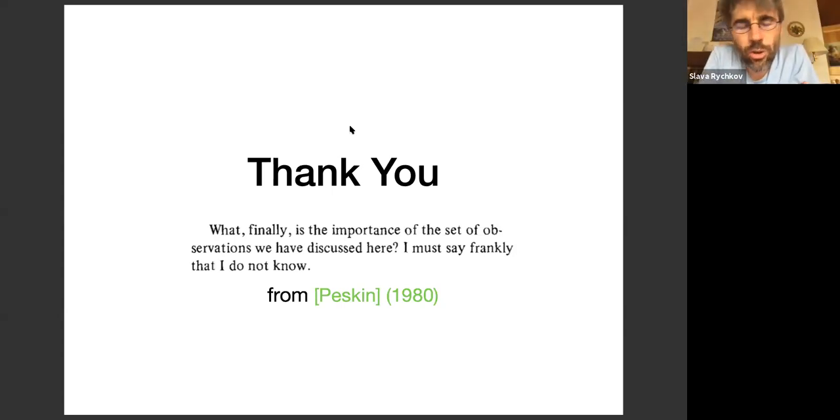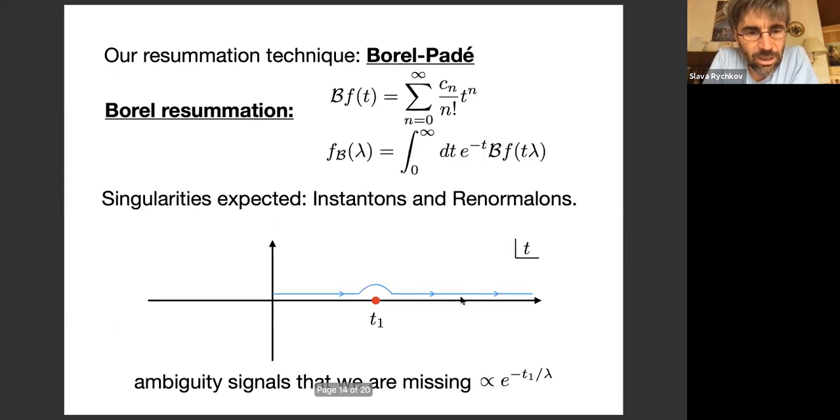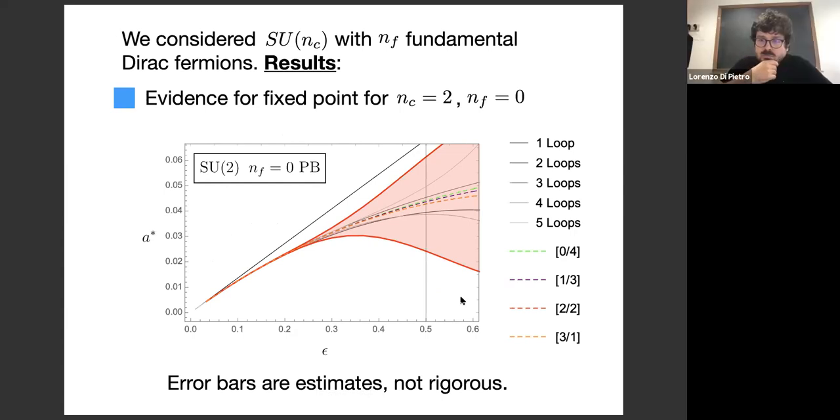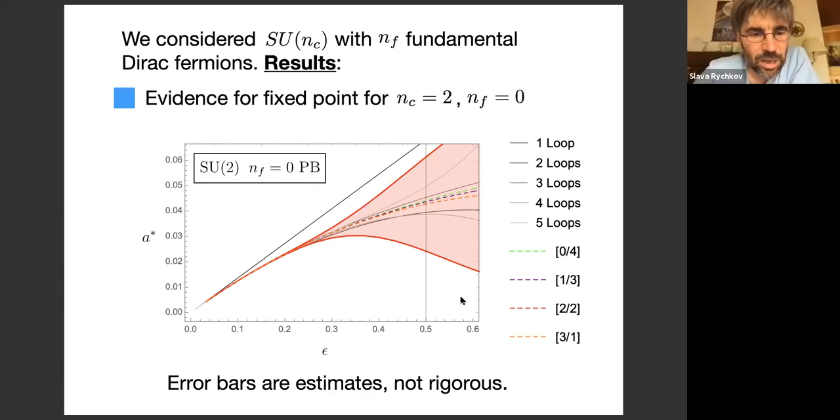Do you see some sort of turnaround in the behavior of this fixed point gauge coupling as a function of epsilon, where it first grows and then starts decreasing? In one of the first plots that you showed, the gauge coupling grows with epsilon, but then has a tendency to stabilize. Is that what happens for larger NC?